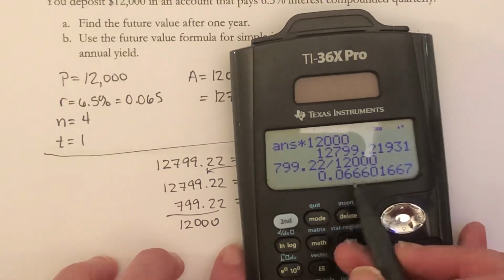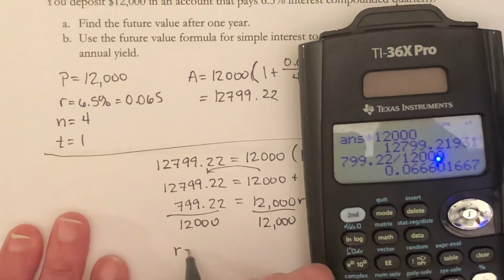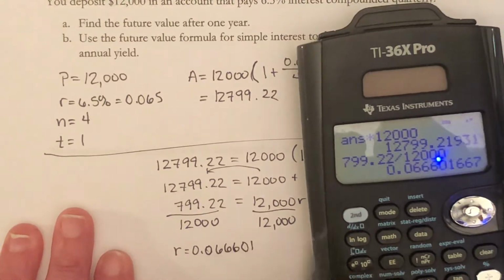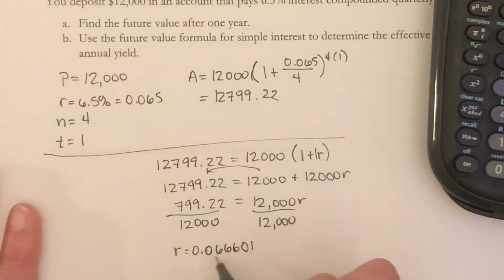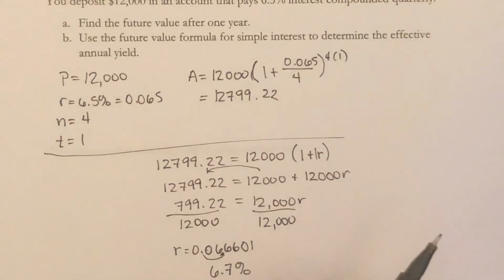This is our decimal, our rate as a decimal. So this rate is 0.066601, and so on. Change this to a percent, which means moving the decimal over here. And we're going to round to the nearest tenth. So this is 6.7%. So the yield on this particular investment is 6.7%.